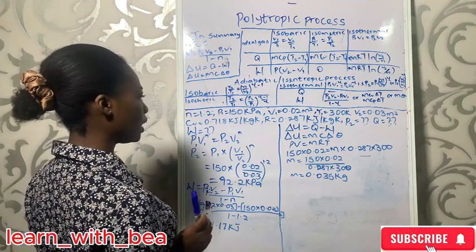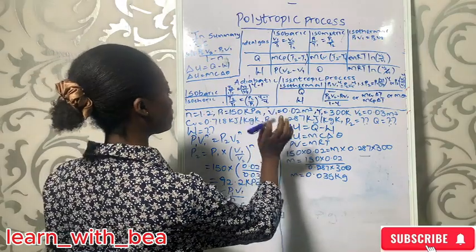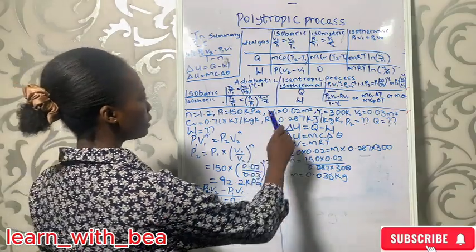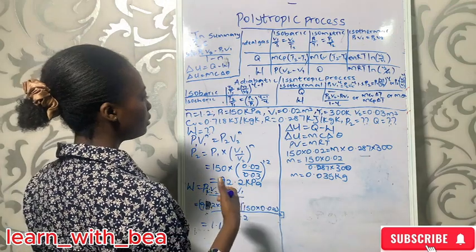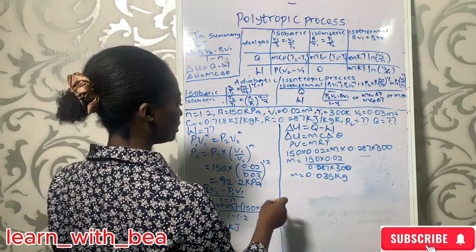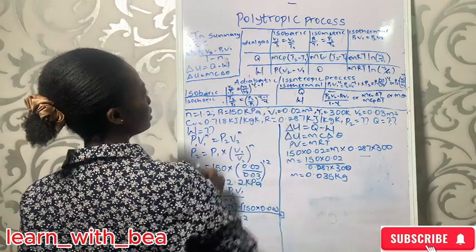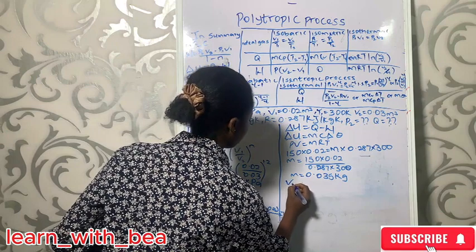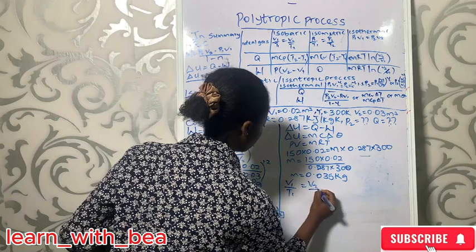Now, if we want to calculate our second temperature, what do we do? Which variables do we have completely from our question? They didn't mention constant temperature or constant pressure, but since we have V1 and V2 completely from our question, is there a formula that can relate the temperature to the volume? Okay, we can use this: V1 over T1 equals V2 over T2.